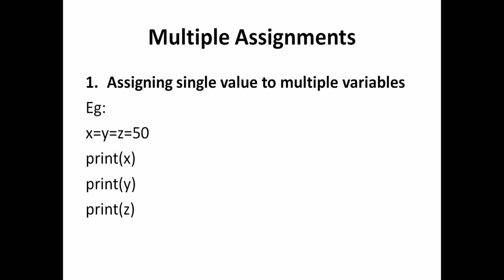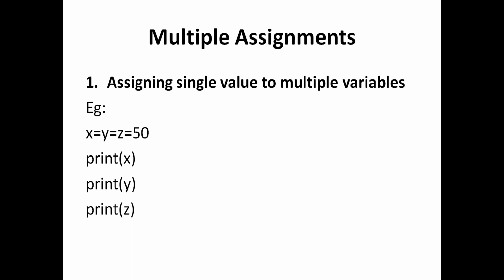Let's see with an example. Assigning a single value to multiple variables, for example x is equal to y is equal to z is equal to 50. So we are assigning a single value to multiple variables. Whenever we ask for print x, print y, print z, we get the result 50.